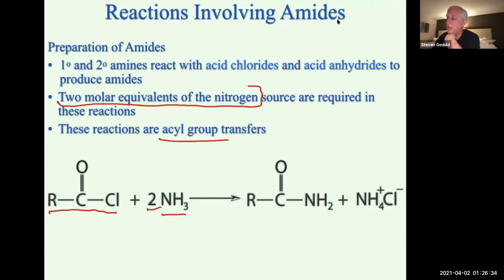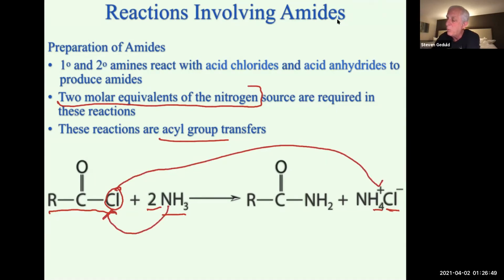The Cl is transferred off over here with a hydrogen from the NH3, and the NH3 comes here, then one of the hydrogens comes off of here, bonds to the NH3 to produce an ammonium chloride.